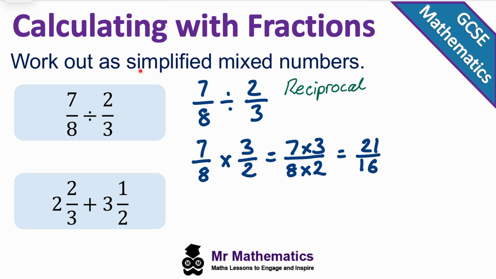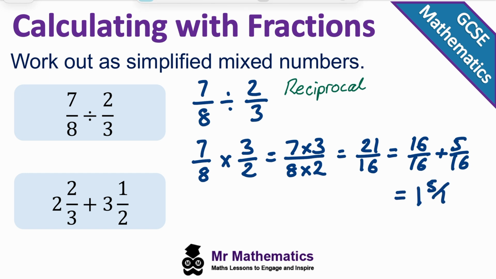Now, because we want it as a simplified mixed number, we need to break up this 21/16 into an integer and a fraction. The integer comes from the 16/16, and then we need 5 more to make the 21. So we'll have 1 whole and 5/16.